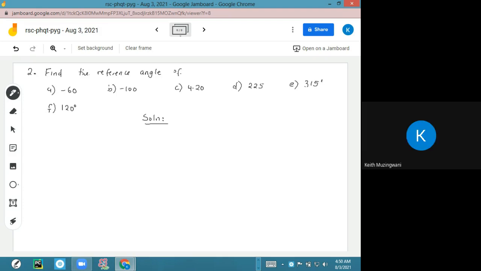So A, B, C, D, E, F, G. Negative 3 pi over 4. So I'll see if there's need for more. Sir, you haven't indicated the interval. For reference, no interval. Their definition is an interval already.